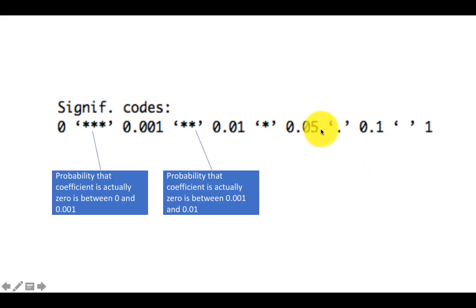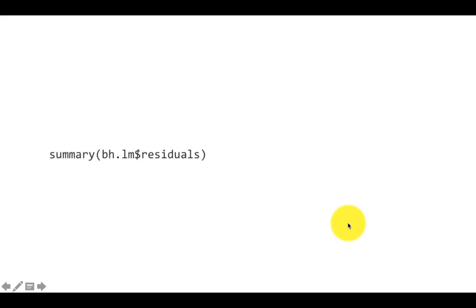So dot would mean that it's between 0.05 and 0.1, which is between 95% and 90% confidence. In statistics, it's very common to look for 95% confidence or more, right? Which is why we are looking for 1 star, because that says it's 95 to 99. That's what it tells you, and that's what we are looking for.